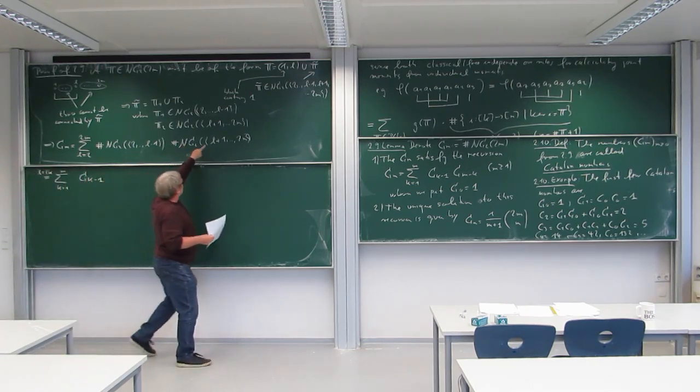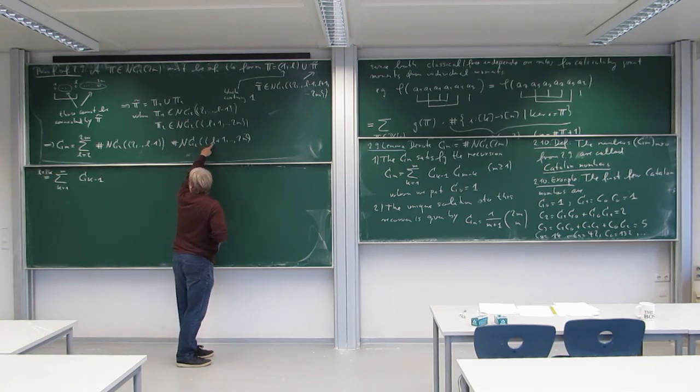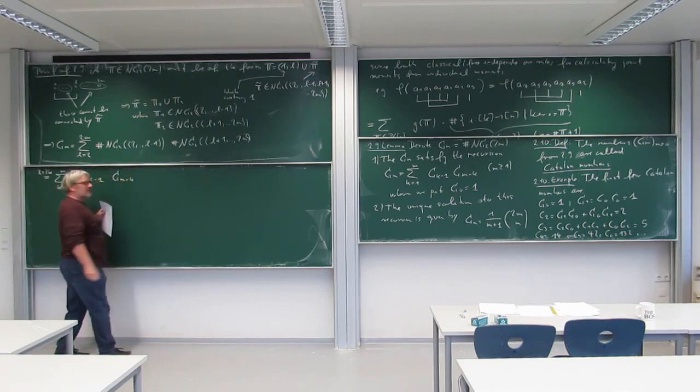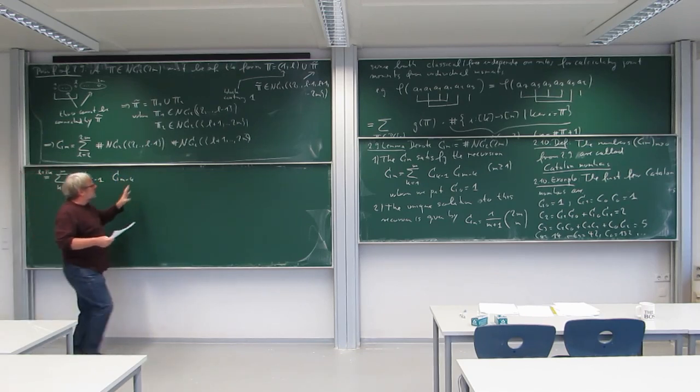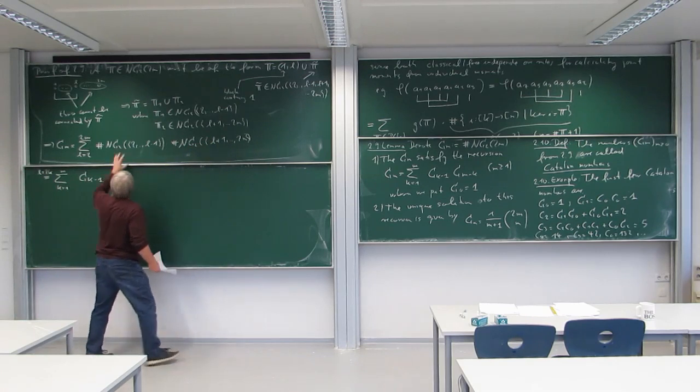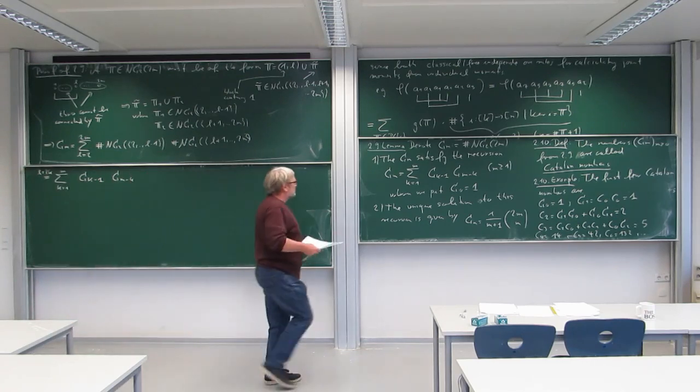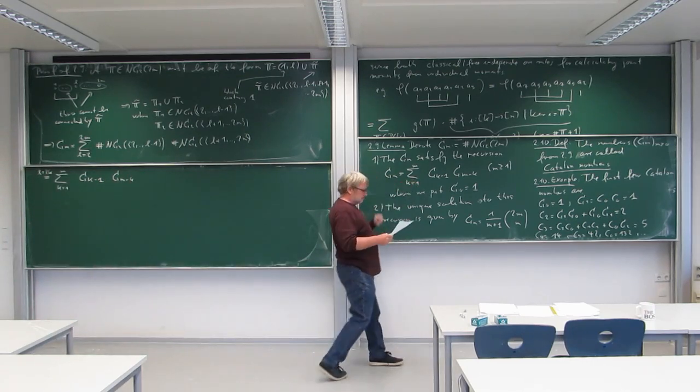And here I'm going from 2k plus 1 up to 2m, so here I have 2 times (m minus k) elements, and the number of non-crossing pairings of this is given by C_{m-k}. Okay, now you see this is exactly the recursion which I have written down here.